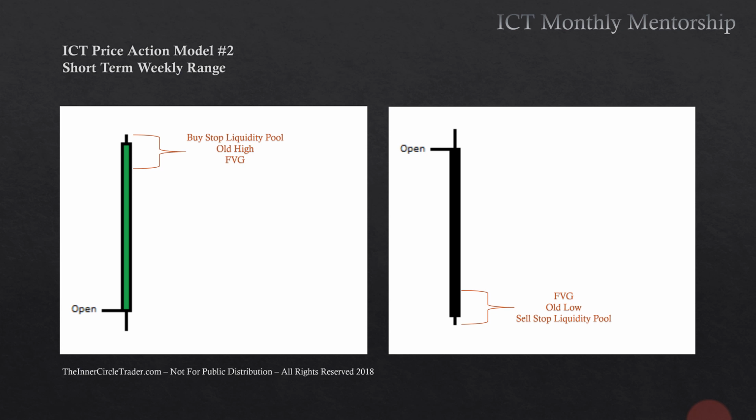Alright, so we talked about how on the weekly range we're expecting a bullish week. We want to see the open here, and the expectation is we're going to see a higher close on the week. But what happens if this week, or this particular range, is the previous week, and it trades up into a level of stiff resistance, or maybe it trades up into an important premium array?